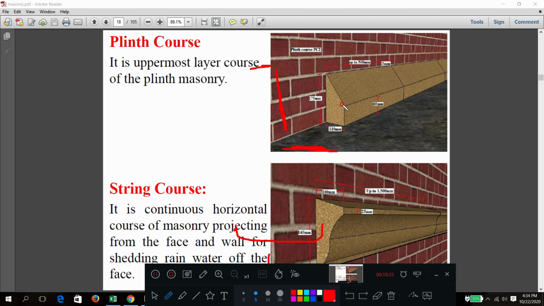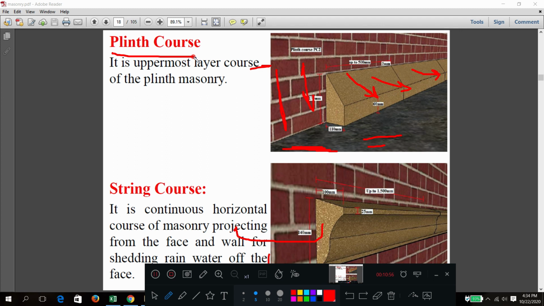To avoid that, construct the plinth course, which is sloping away. You saw the previous video. These are called plinth course. Its function is to separate the flooring or foundation from the vertical, and it will shed away the rainwater. So that is called the plinth course.